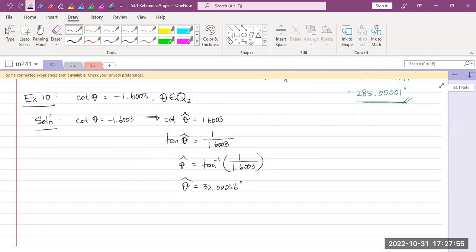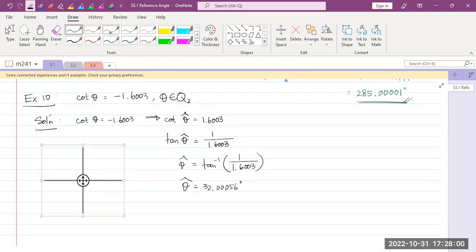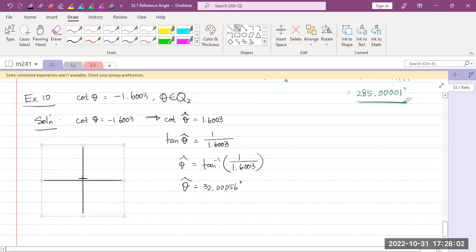But this is in quadrant 2. So try to picture that you have an angle in quadrant 2 whose reference angle is 32.00056 degrees. Then what will the theta be in standard position?